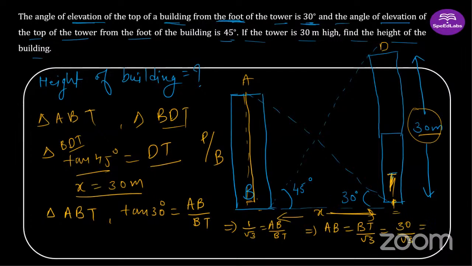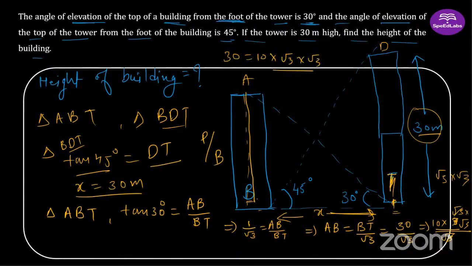But then 10 root 3 is not right? Why not? See, 30 can be written as 10 into 3, and 3 can be written as root 3 into root 3.